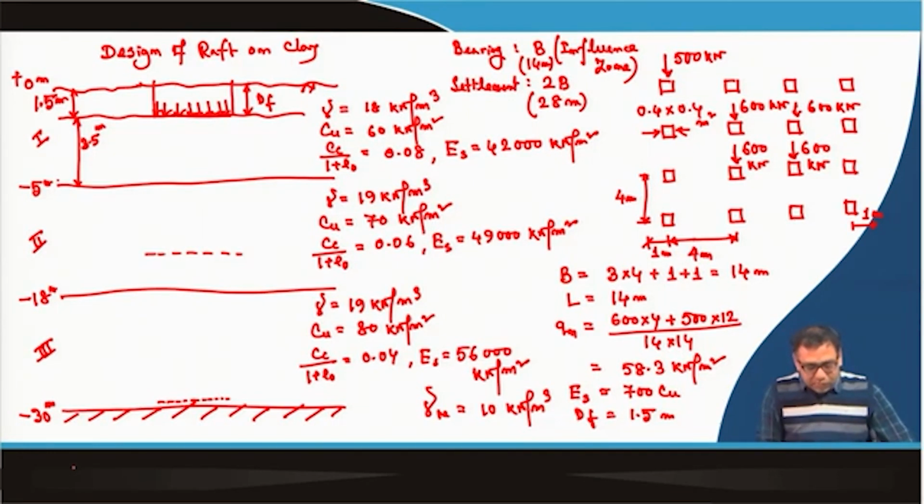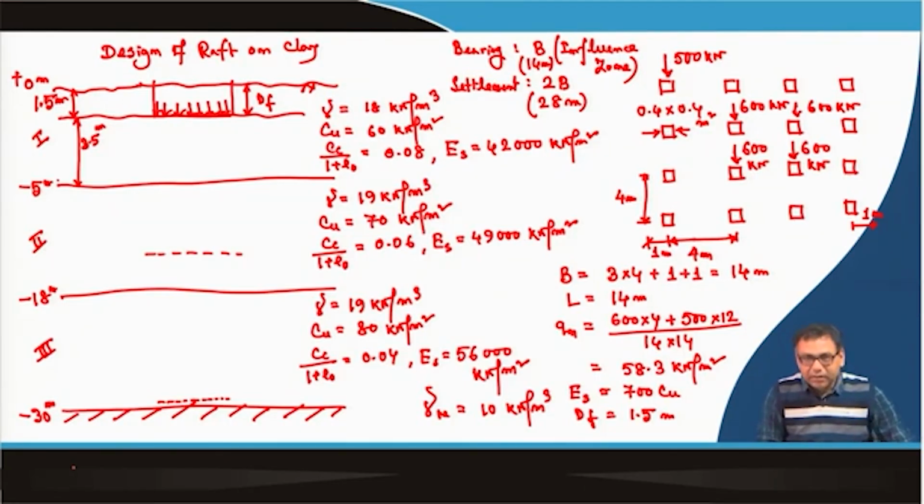Again I want to mention that if your influence zone is going into the rigid portion, that means if it is below the 30 meter part, then you have to consider up to 30 meter, as I discussed during the settlement calculation part.